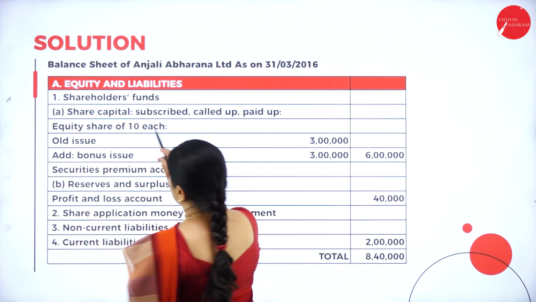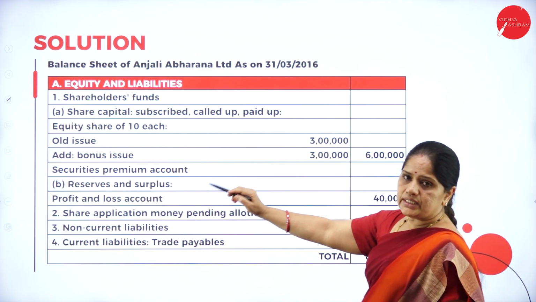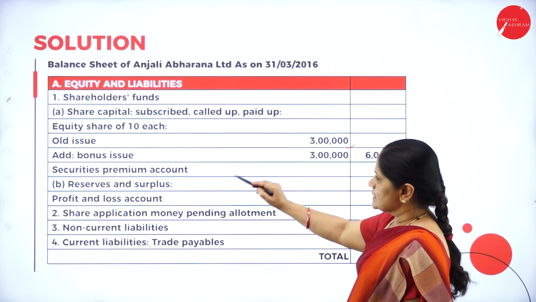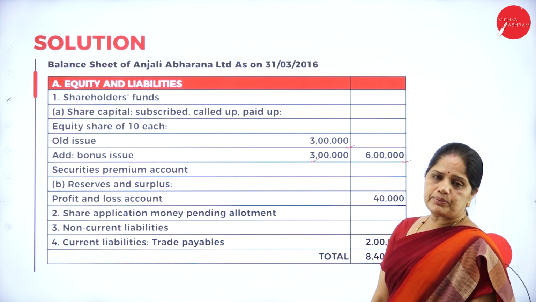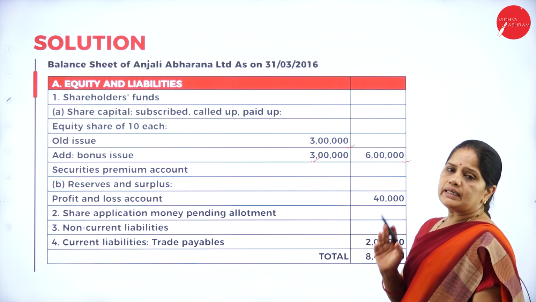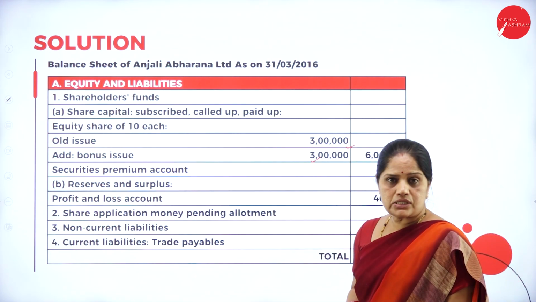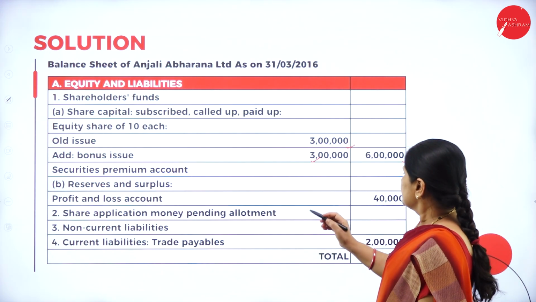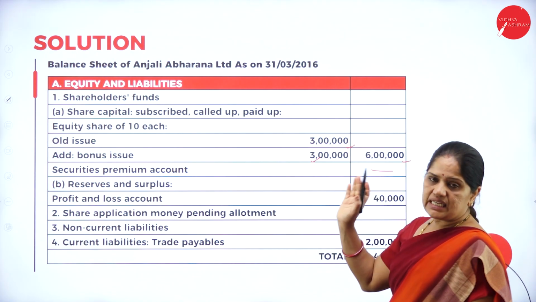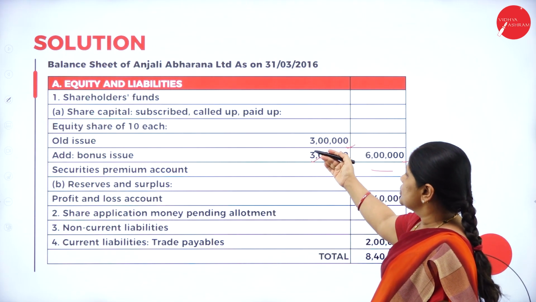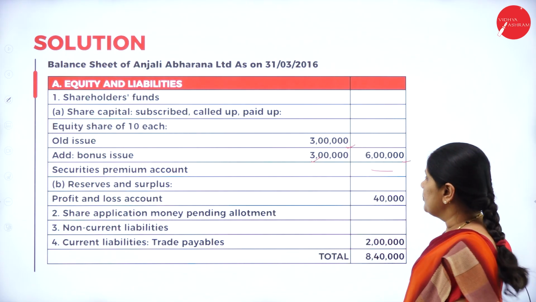Here we have the equity shares of rupees 10 each. Old issue is 3 lakhs. Add bonus issue 3 lakhs. The total equity share comes up to 6 lakhs. We are not writing preference share capital because it has already been redeemed. Then the securities premium account also we have utilized, so there is nil value because it has been used for the issue of bonus shares.